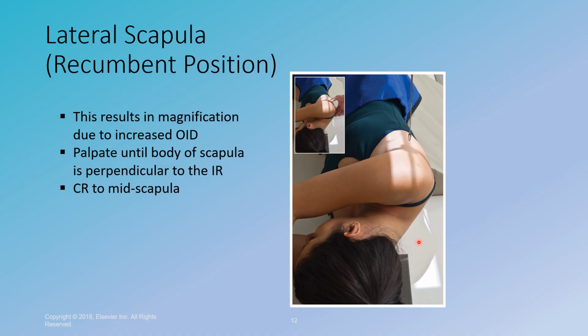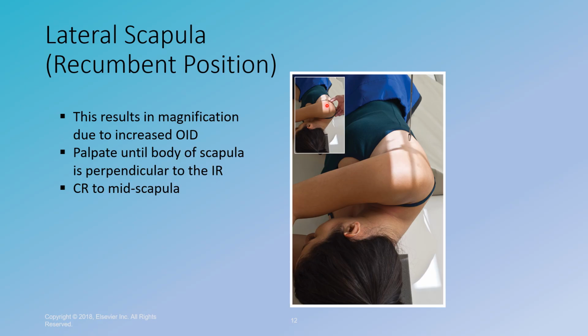Ideally with this, you would have the patient supine, you'd bring their affected arm across their chest, and then you would place the central ray to the mid-scapula lateral border. So the mid-scapular lateral border here, notice they're palpating right here, and what they're trying to palpate is the AC joint articulation and the superior border of the scapula.